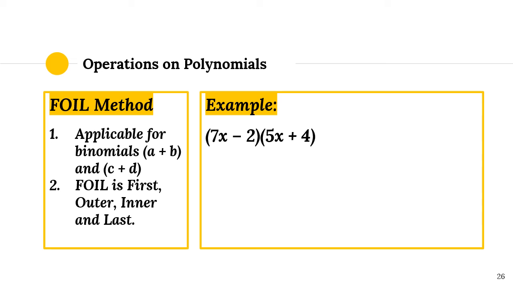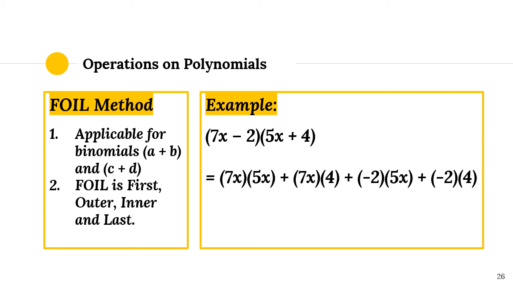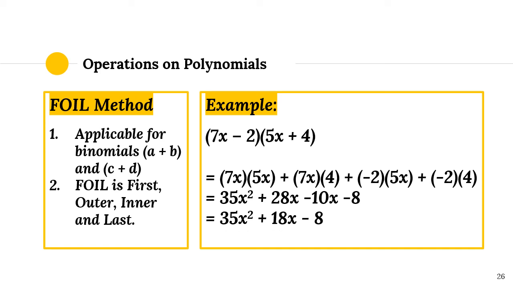Next is we have outer, so 7x and 4, plus inner, that's negative 2 times 5x, plus last, that's negative 2 times 4, giving us 35x squared plus 28x minus 10x minus 8. See, simple and fast. Simple, efficient, accurate, fast. Simplifying it further, because we have two like terms here, we have 35x squared plus 18x minus 8. So we always answer with the simplest form.